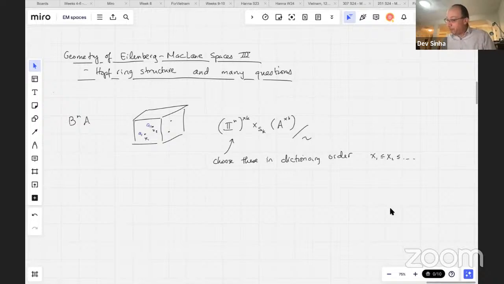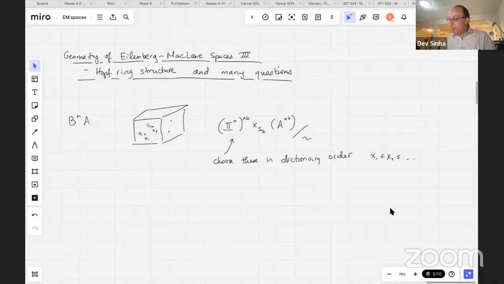And then there's a couple ways you can see that there's a natural cell structure around. One is that this is a realization of a multi-simplicial complex, and multi-simplicial complexes have cells.